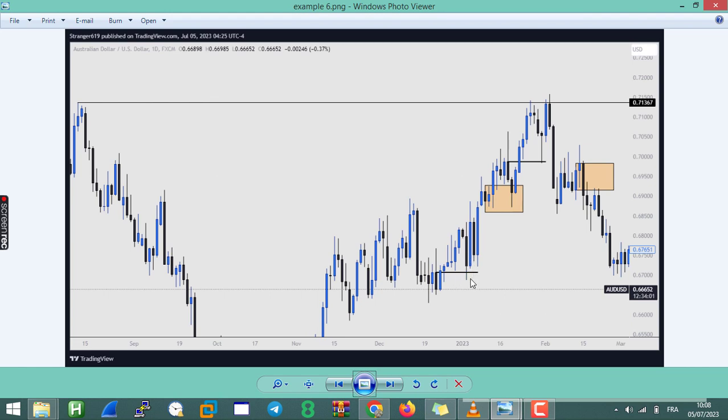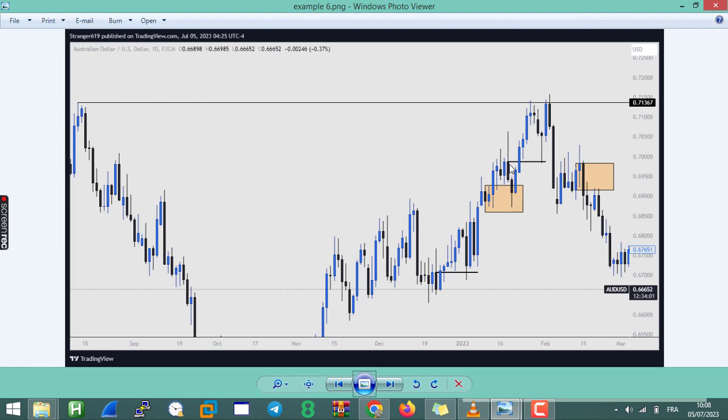Price retraces to the order block, touches it, and continues higher. We have another order block right here, forming on a key level, taking liquidity here. The key level is this fair value gap right here. Expansion, we have two factors met in this example, retracing to it and then continuing.